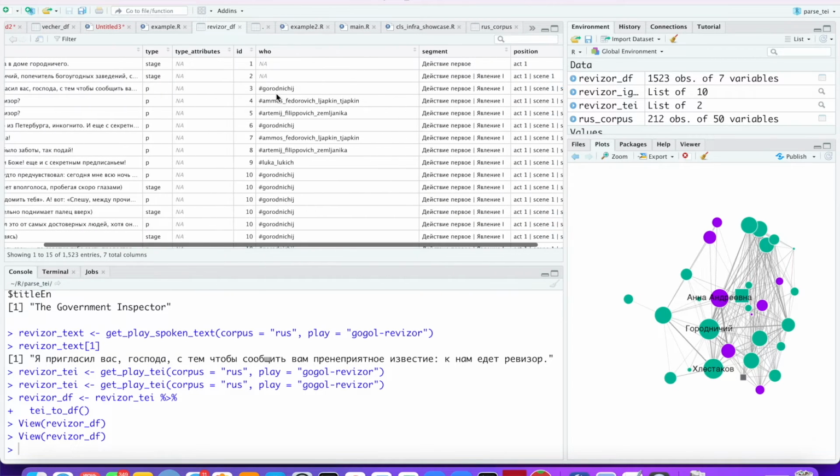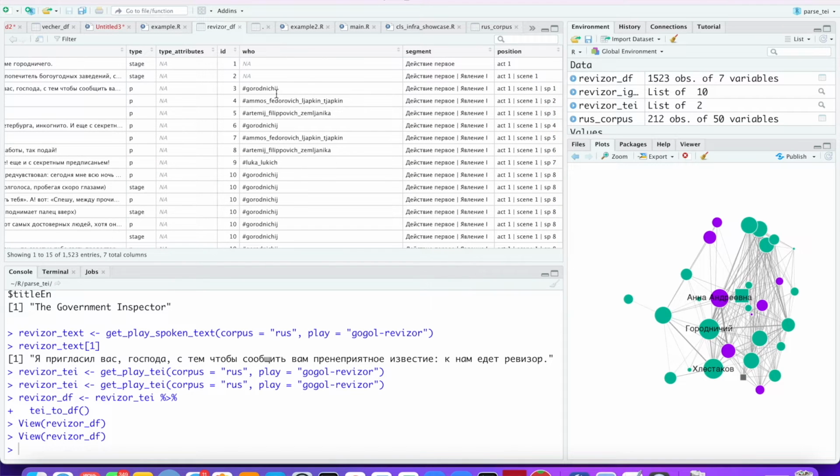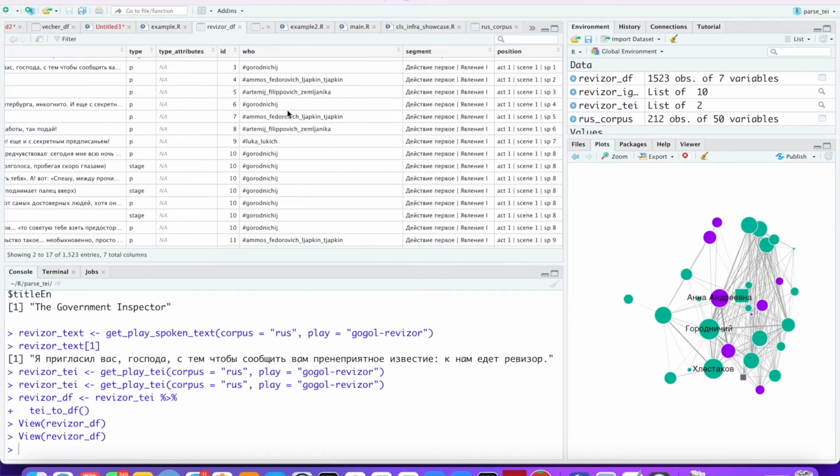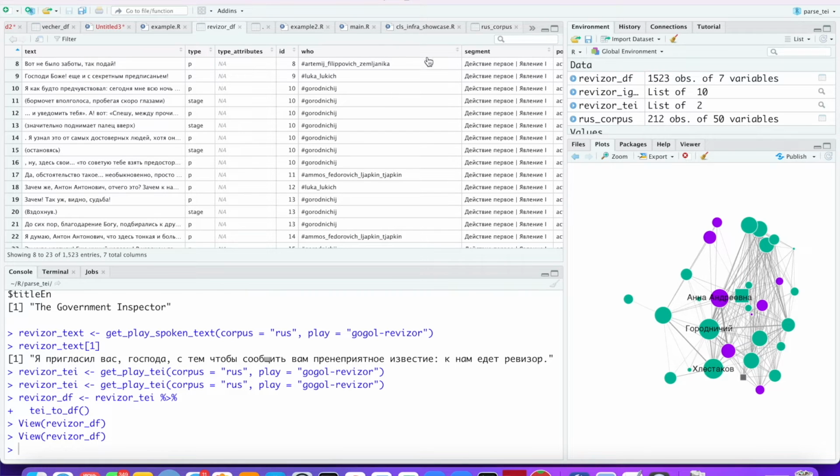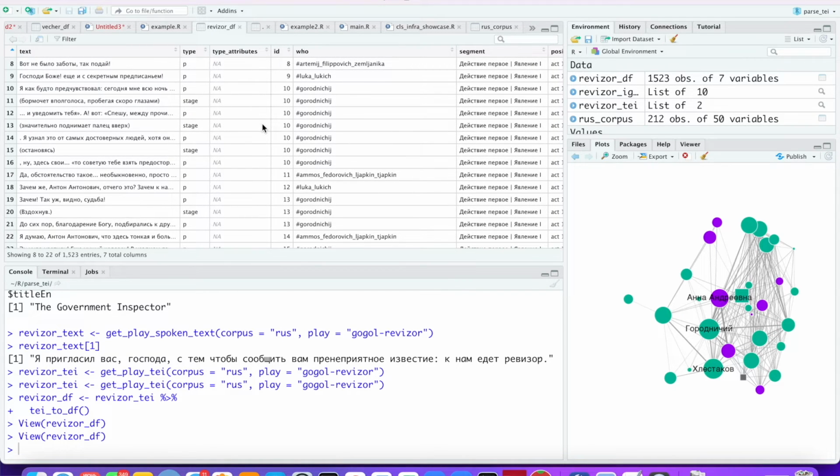You can get some additional information for that, for example, who the character was, the segment, and the type of the line. For example, it can be a stage direction. So based on this, you can easily extract only stage directions, or only spoken text, or only spoken text for a very specific character or number of characters, or analyze it by segments, and so on.